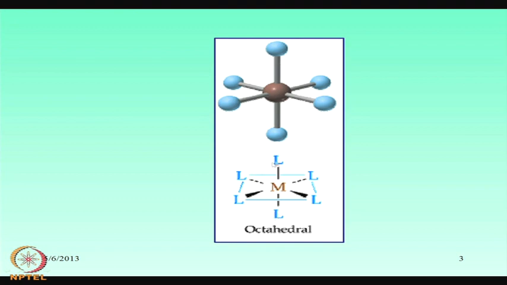The typical polyhedral structure has 8 faces, 4 above and 4 below the square plane. That is known as the octahedron, the geometry is octahedral, and the metal complex is an octahedral metal complex. So we will now talk about the coordination number of 6.